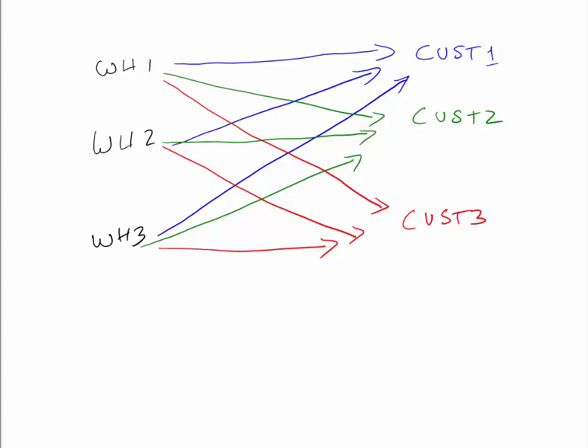Now we have these 3 colored sets of lines, and each of these sets of lines represents 3 ways for a customer to be served by the warehouses. Only one of each colored set will be used, right? So how do we define our decision variable?